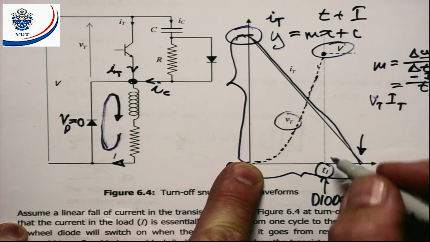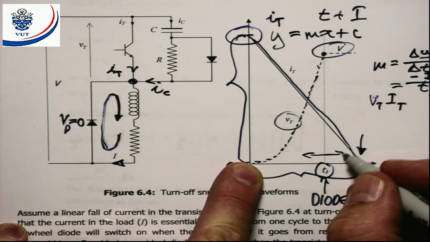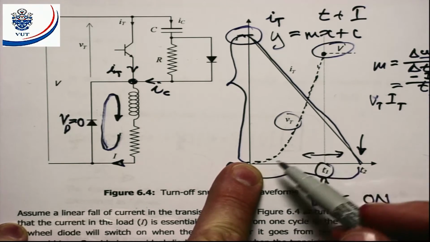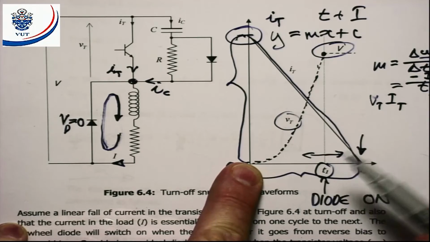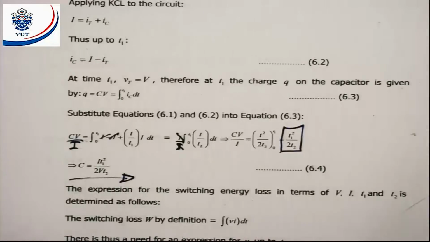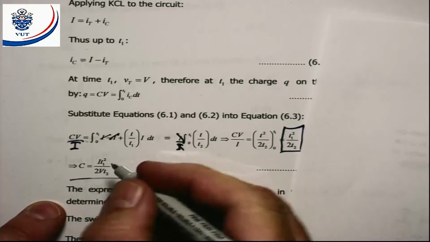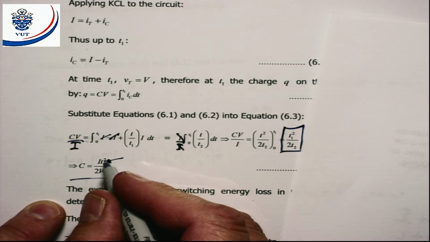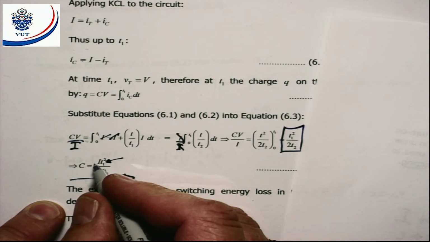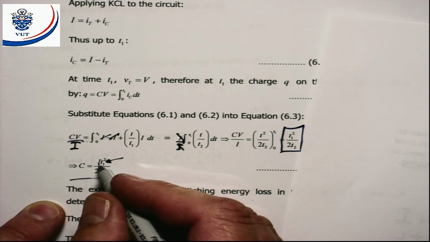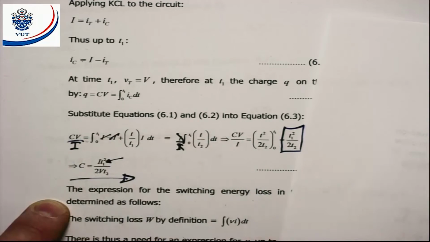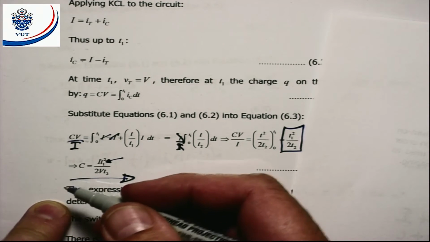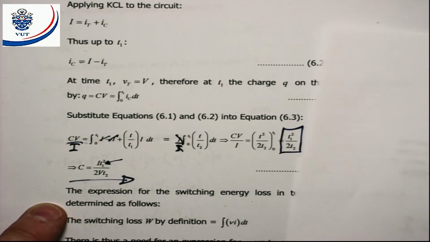I now see that the only thing that I can move around is T1. I can design C for a certain T1, because if I look here, I see there is T1 squared. So if T1 is smaller, then the cap is going to be smaller. If T1 is larger, then the cap is going to be larger. And I want an optimum value for the capacitor.